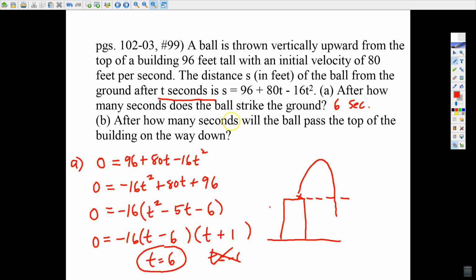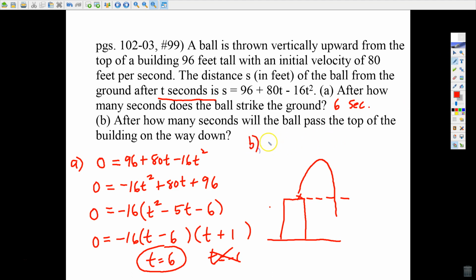So we can think of it this way. The ball is 96 feet above the ground when it's thrown. So instead of saying let it be 0 when we want to know when it strikes ground, this time we're going to let the equation equal 96. Okay, so I'll just turn that around.